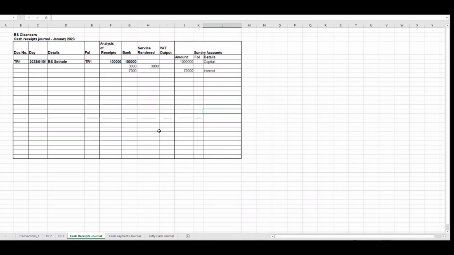So, colleagues, the cash receipts journal, cash payment journal, and petty cash journal are very, very simple. It's just a matter of recording all the other things that we've discussed in the past, and putting them through those columns accordingly, and making sure that we are done with all.